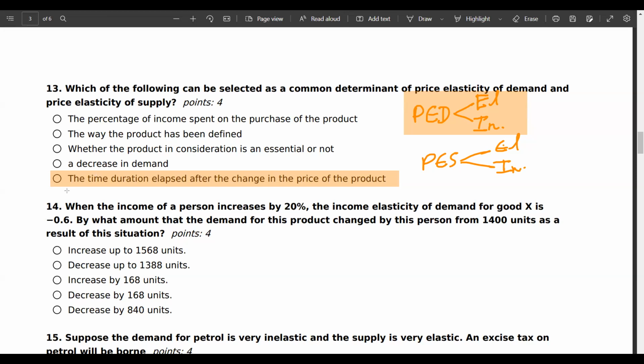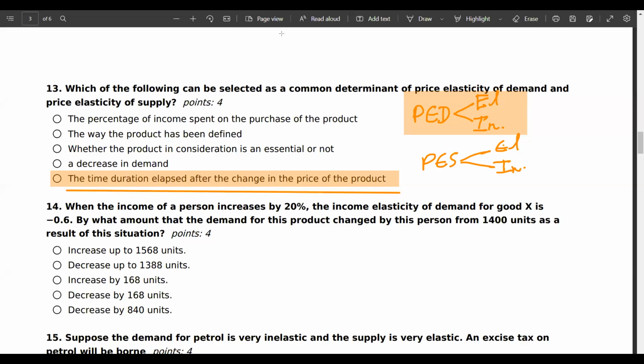So that's the answer for this question: time duration that has passed after the price change. If it's just 1 or 2 days or a very short time, demand and supply can't be changed quickly, so inelastic. But if a long time has already passed after the price change, supply and demand will be elastic in nature. So that's about it, the 13th question.